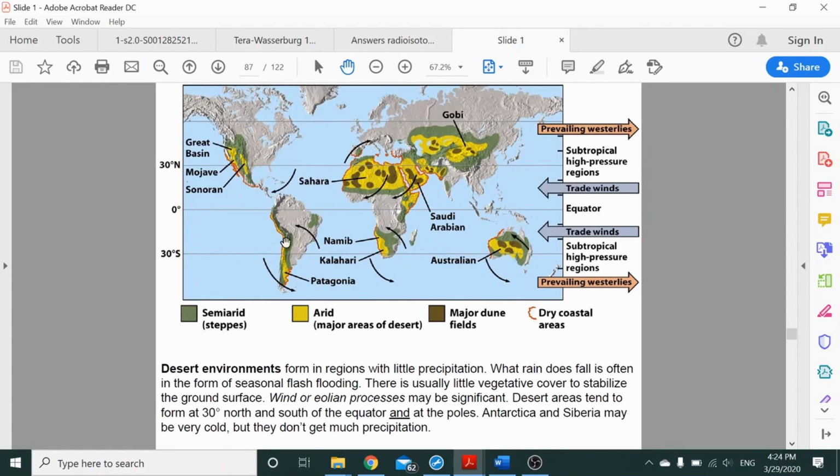A similar mechanism happened in South America because of the uplift of the Andes. In the rain shadow of the Andes, this area becomes a desert as well.